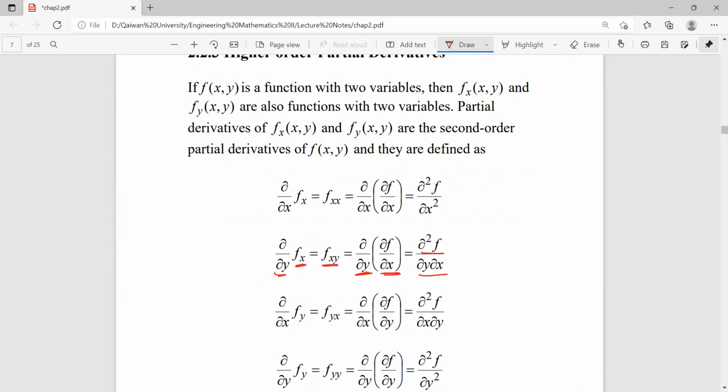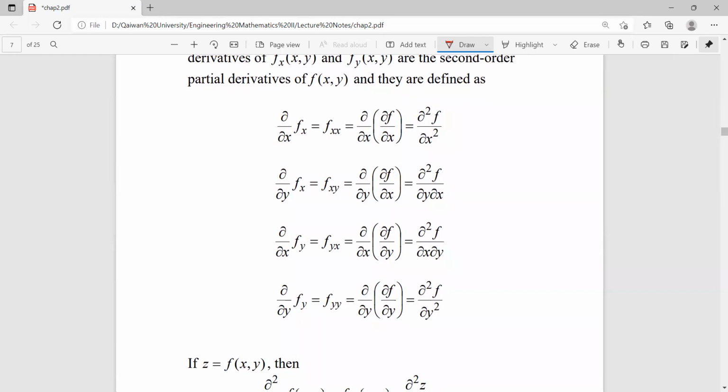In this form, you first write this and then this one. And here, f sub xy. Okay? So this is the second partial derivative, the first with respect to x and the second with respect to y.